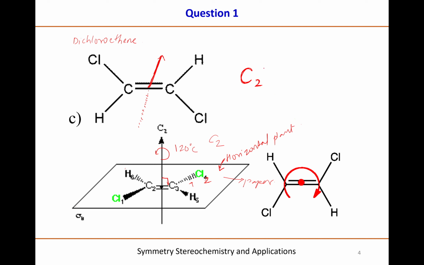Because only a horizontal plane is present and there is no vertical plane, we will write here C2h. The point group for this molecule is C2h. I hope all of you are clear. Next, let's move to the next question.